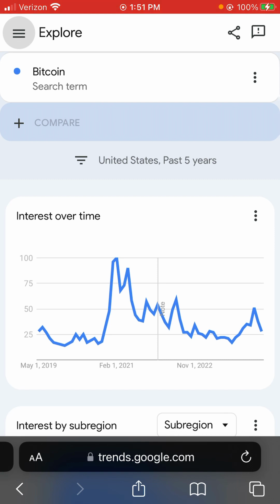Yeah, okay, so I've advanced to the right side of this chart.